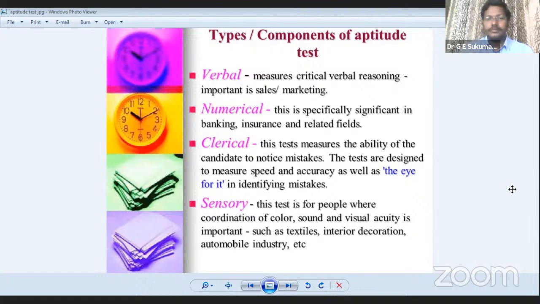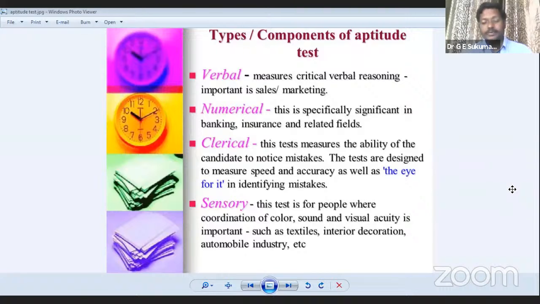This test is for people where coordination of color, sound, and visual is important, such as textiles, interior decoration, automobile industry, etc., where they are good at sensations. So these are certain limited areas of our aptitude.